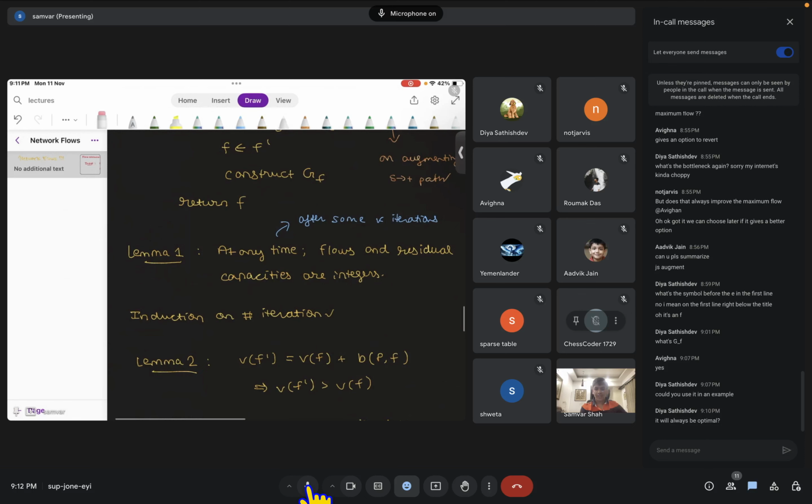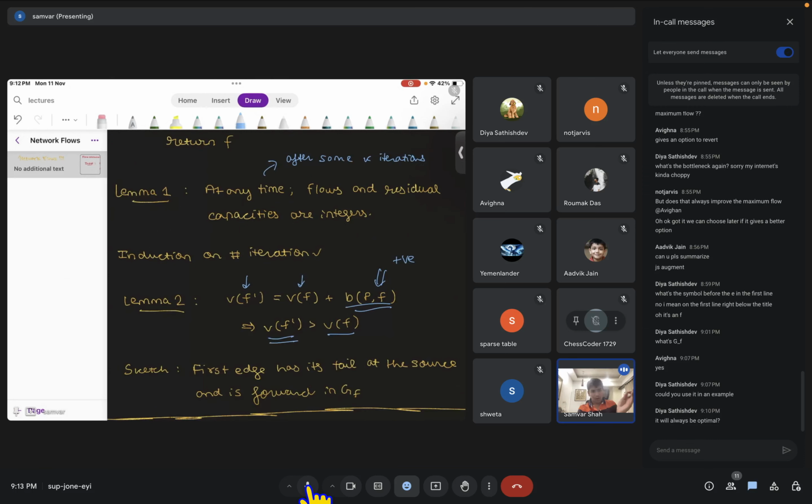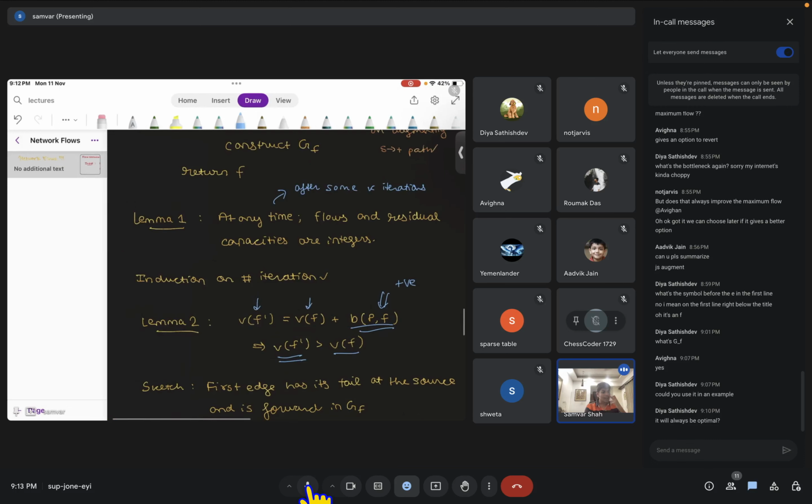The first edge, the one from the source, has its tail on the source, that's its origin point, and its head at the vertex where it's going away from. If you think of this edge in the residual graph, it will be a forward edge if you don't push the full amount of flow. Then since it's a forward edge, you can use augment plus bottleneck, and there's a nice proof for this. This is the sketch. This is the main part of the proof.